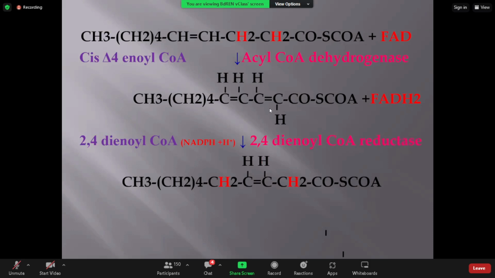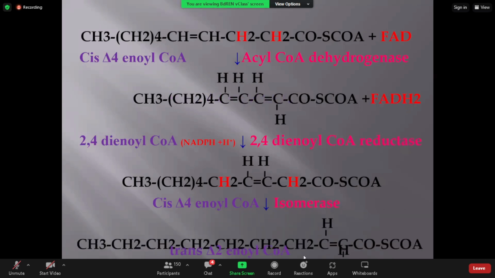So one double bond is reduced. There were two double bonds, now one has been made active. So this double bond position is 1, 2 and 3. Previously it was also in 3 position. We have shifted this double bond from 3 to 2. By the isomerase enzyme, this double bond will be shifted from number 3 to 2 and this configuration will be produced.